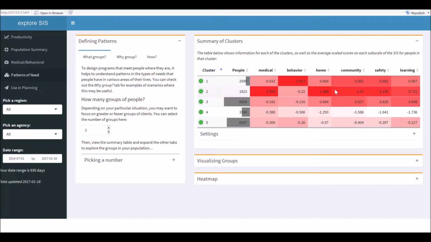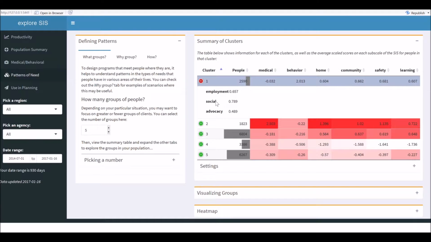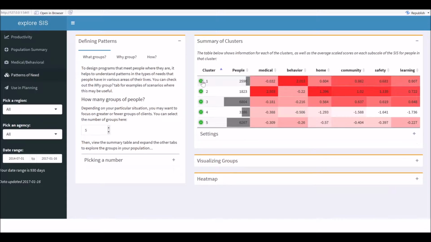The attributes we're talking about here are just attributes from the SIS assessment itself, specifically the subscale scores: the medical, behavioral, home living, community living, safety, lifelong learning, employment, etc. All of those areas that we've talked about as the subsections in previous analyses are the domains we're looking to find patterns in.